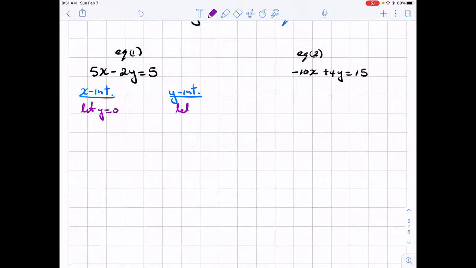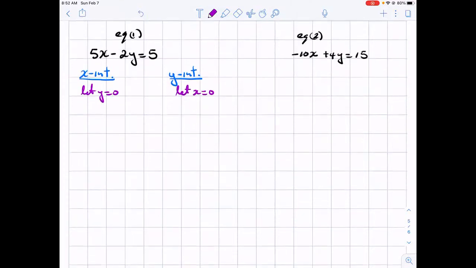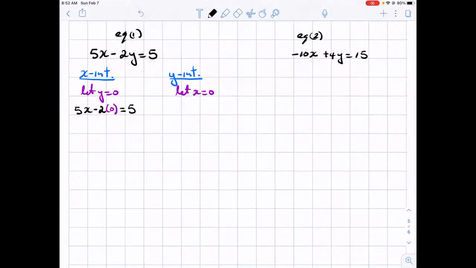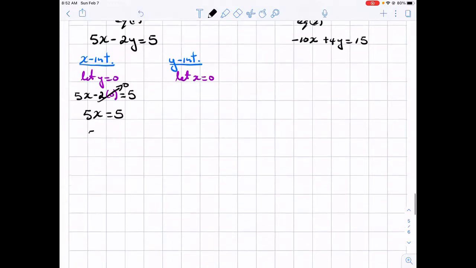For y-intercept, let x equal 0. If we plug in these values, we have 5x minus 2 times 0, and that's equal to 5. This here will be 0, so we have 5x is equal to 5, and now we divide both sides by 5, so this becomes 1x, and 5 divided by 5 is 1.